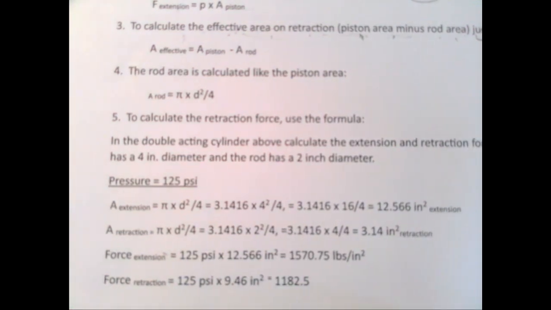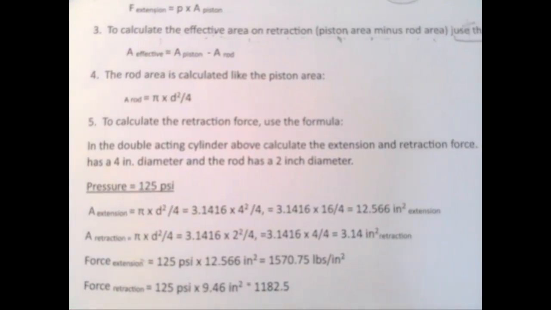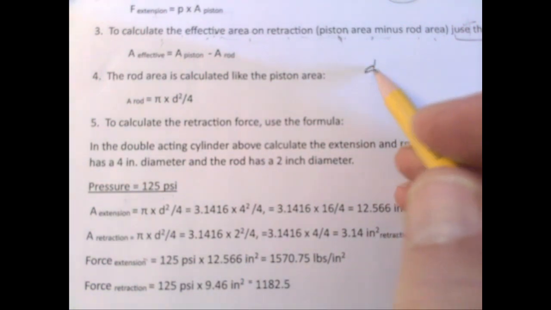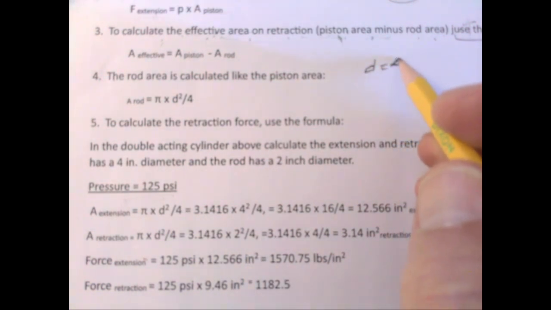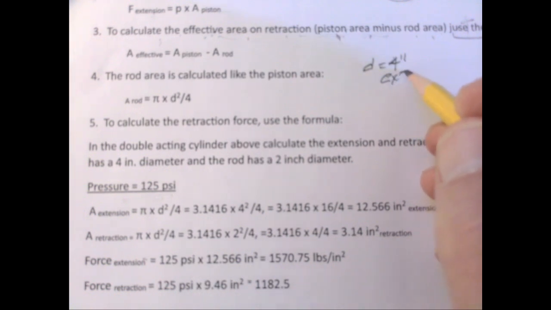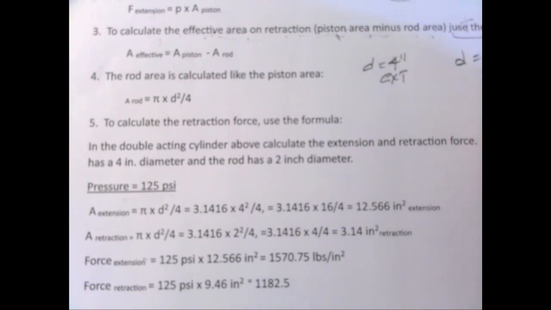So when we get into the calculating part of this, we're going to say we are given a pressure of 125 psi. Also, up here we were given a diameter. We have a diameter that equals 4 inches for the extension, and we have a diameter that equals 2 inch for the retraction.